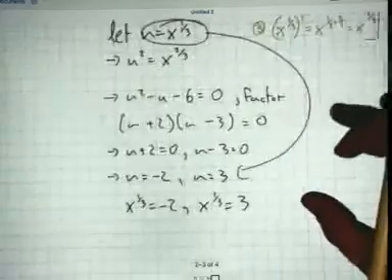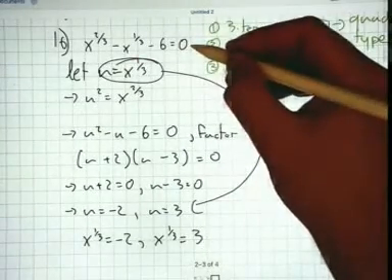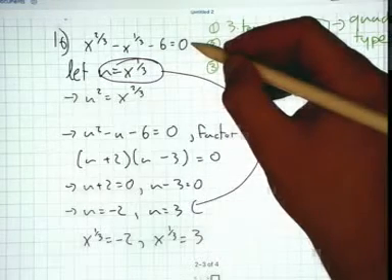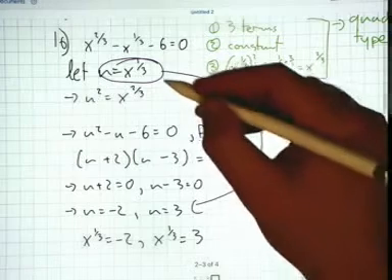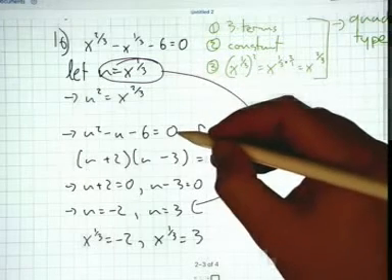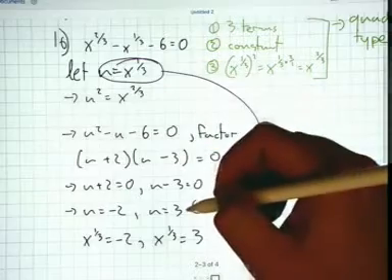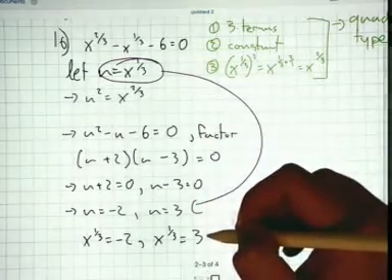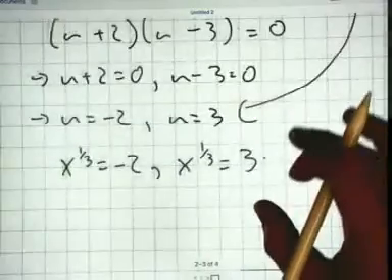So we took this quadratic type equation, we made a substitution so that we had a quadratic equation, we solved the quadratic equation, we reapplied our substitution, and now what we have is a different type of equation to solve.